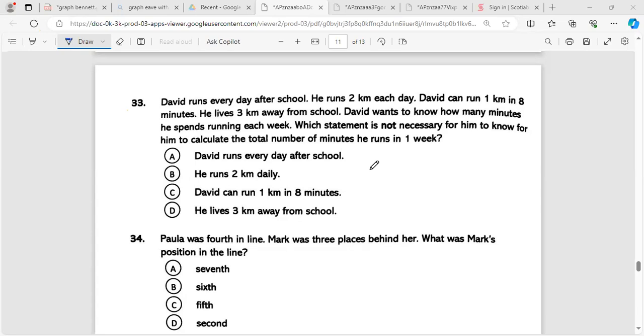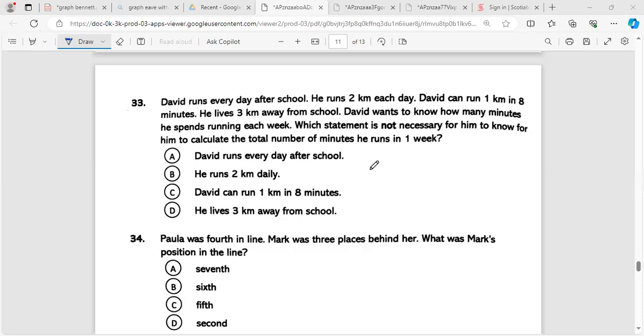Yes, sir. All right, everybody agree with that? No, not really. All right, tell us why you disagree and what's your answer. The 2 km every day is very important because remember it says 1 kilometer is 8 minutes, and he can do 1 kilometer in 8 minutes.